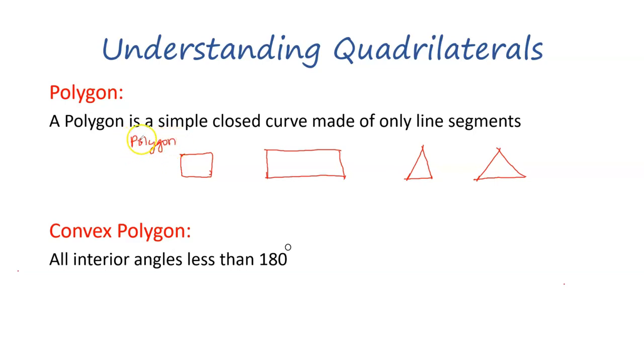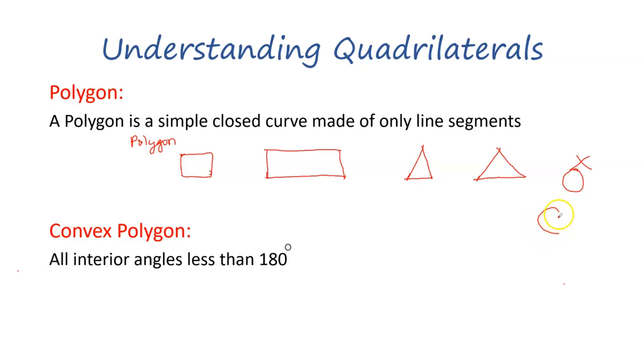A simple closed curve with only line segments is a polygon. If it has not only line segments but also a curve, it is said to be a non-polygon. For example, a circle is also a simple closed curve but it is not a polygon.